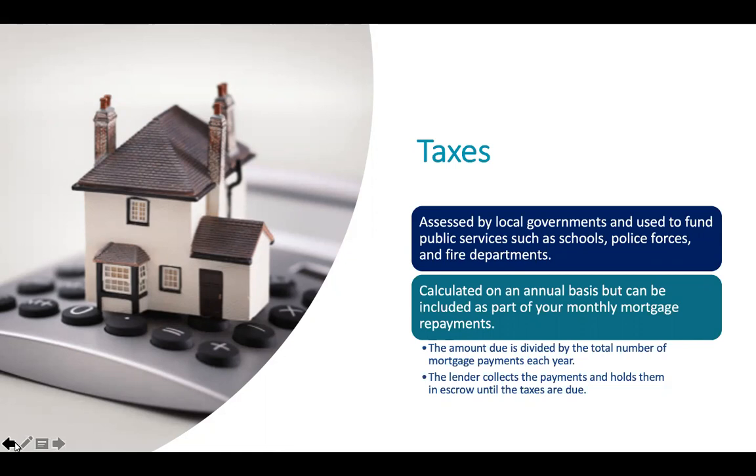They take the total annual amount due and divide it by 12 months, and you pay that as a part of your monthly payment. The lender can collect that payment and hold it in what is known as an escrow account until the time where your taxes do become due.